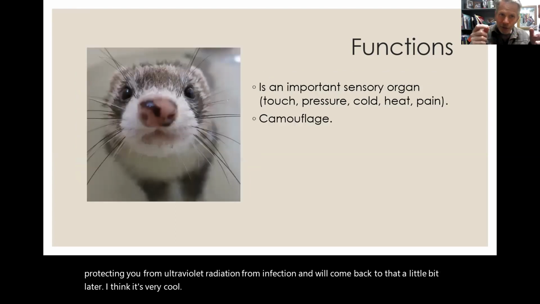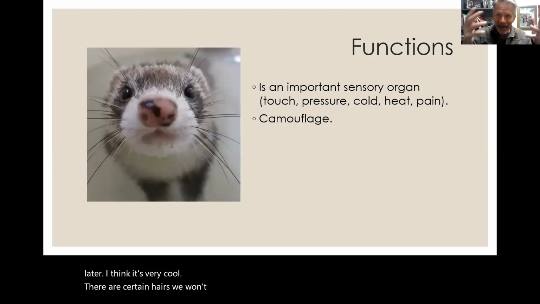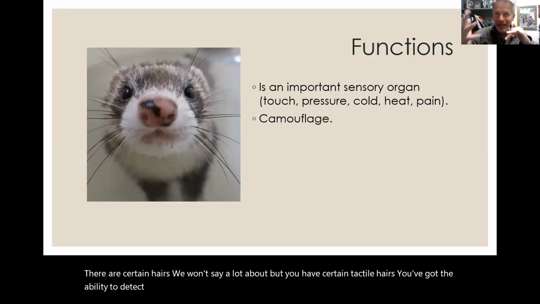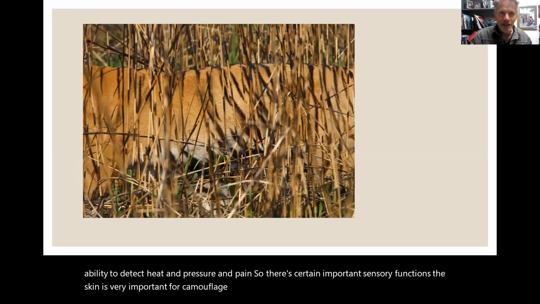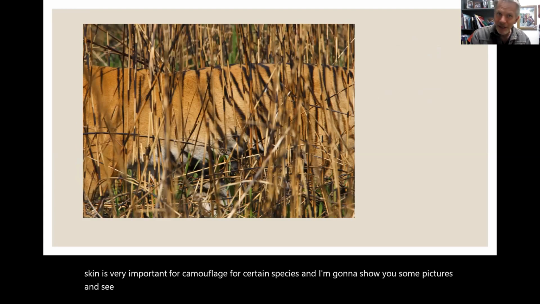There are certain hairs we won't say a lot about, but you have certain tactile hairs. You've got the ability to detect heat and pressure and pain. So there's certain important sensory functions. The skin is very important for camouflage for certain species. And I'm going to show you some pictures and see if you can spot the animal.